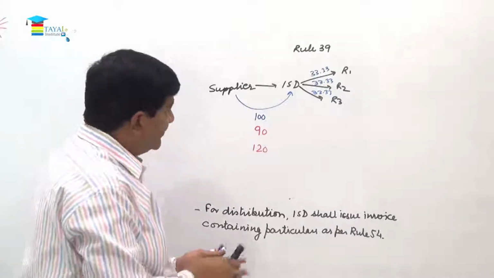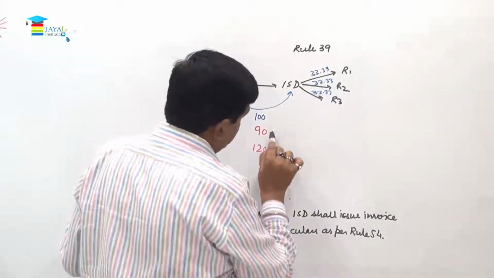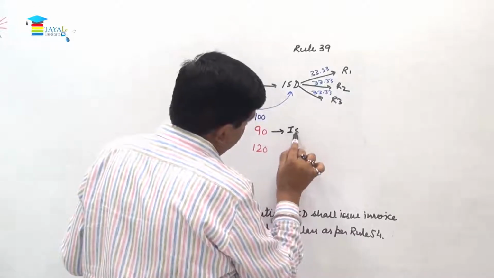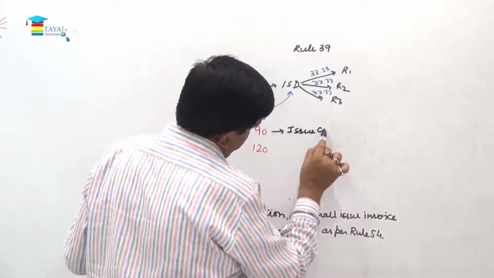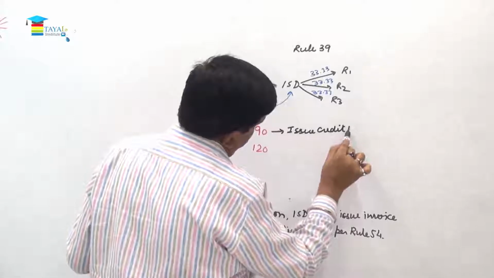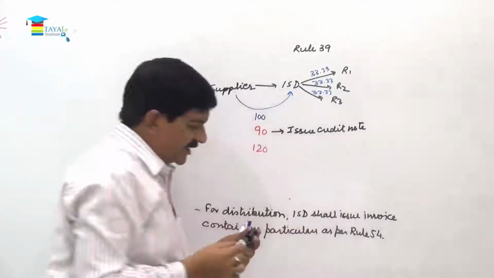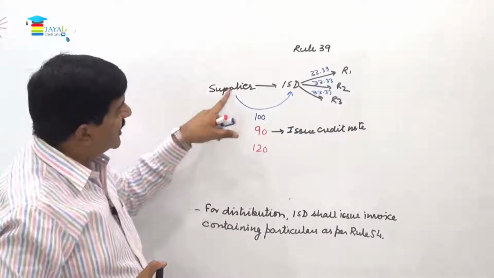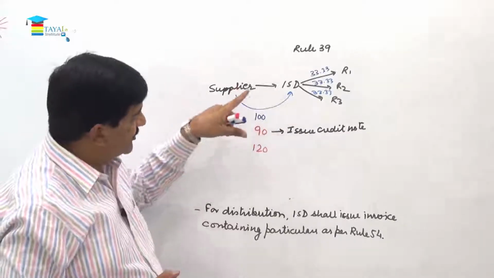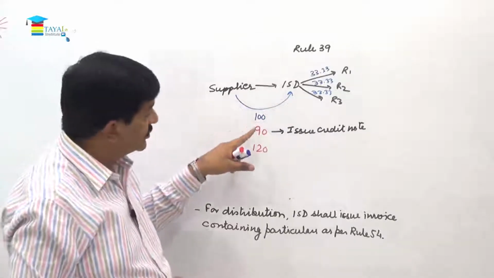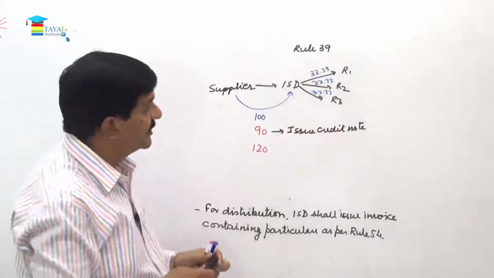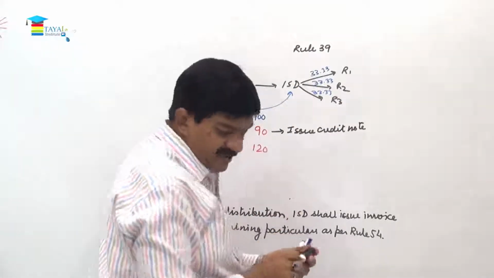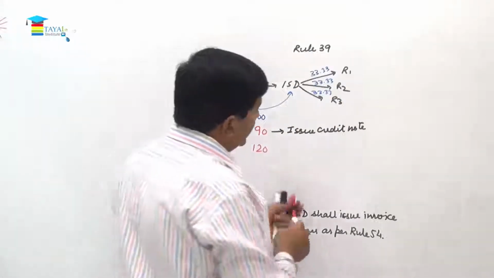So in that case, the credit note shall be issued. So the supplier will issue the credit note to the input service distributor, and input service distributor will issue the credit note in the same proportion to the recipient. So effectively there the credit will get reduced to 30.